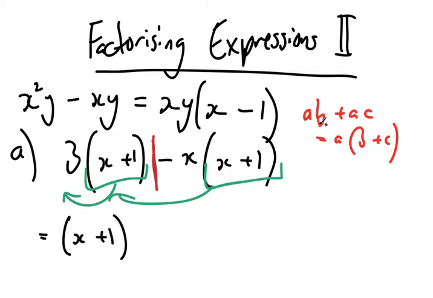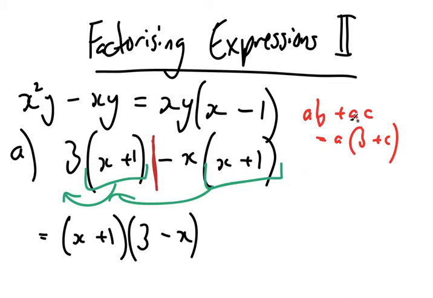Okay, then I just put the leftovers in brackets. So here my leftover was b, my leftover here was c, so my leftover here is 3, and my leftover here is minus x. So this expression here is the same as (x plus 1)(3 minus x).